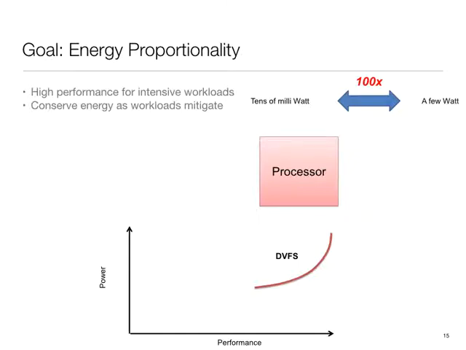But there are limits to it, and a very common technique is DVFS, or dynamic voltage frequency scaling. There are a couple of variants of it. One is you tune the speed and the voltage is adjusted accordingly, and the power follows some sort of a quadratic or cubic curve.